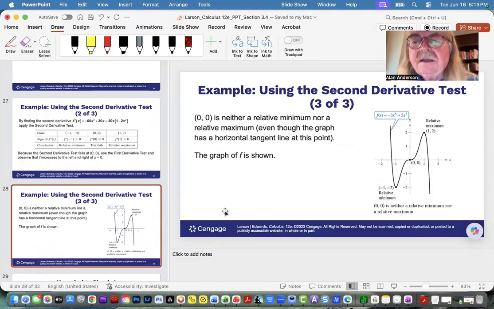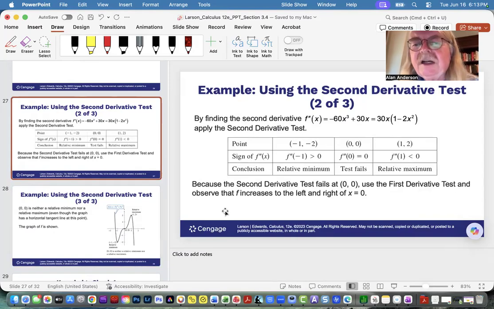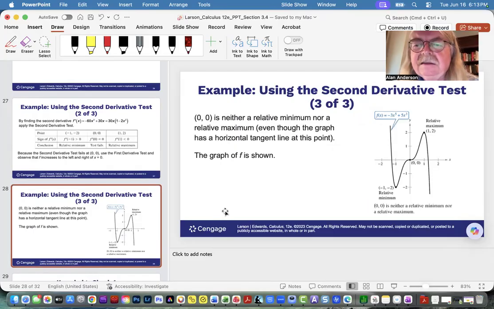Oh, see now you can see right there from that graph, they're trying to trick us. Even though right at that point on the horizontal axis the slope is zero, it's not a maximum and it's not a minimum. So that's why the second derivative test failed.